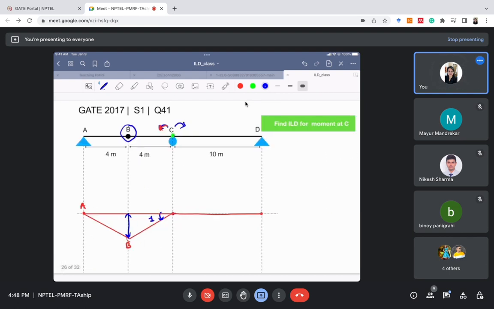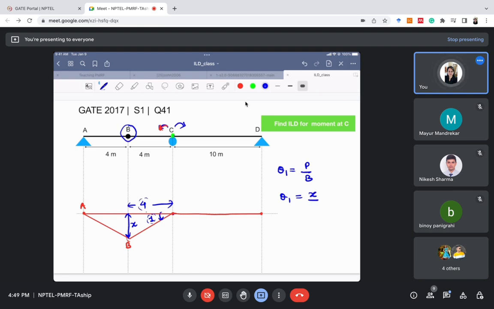Okay, so if it is 1 and this is 4, right? Then tan theta, sorry, theta 1 should be equal to perpendicular upon base, right? So this is theta 1, which is 1. What is the value of perpendicular? This is x, let's assume it as x.